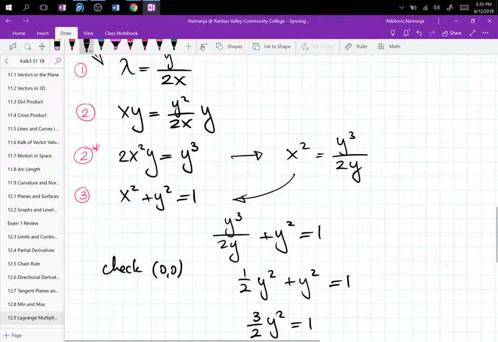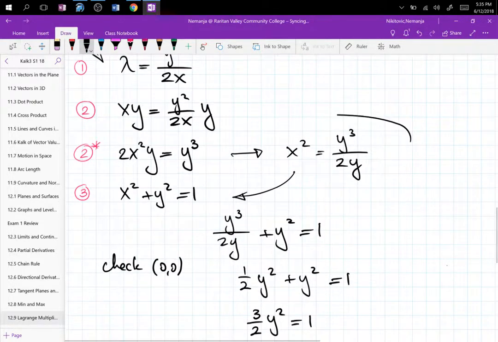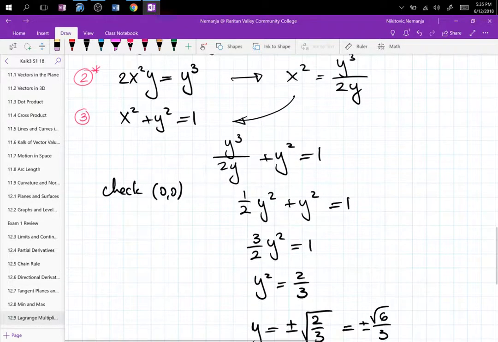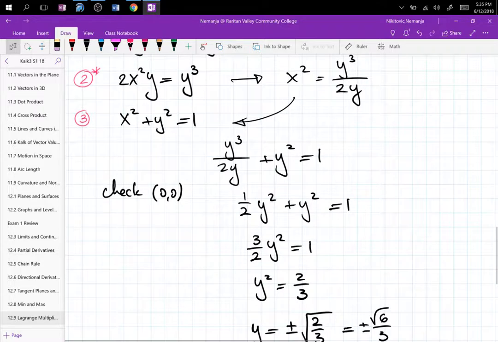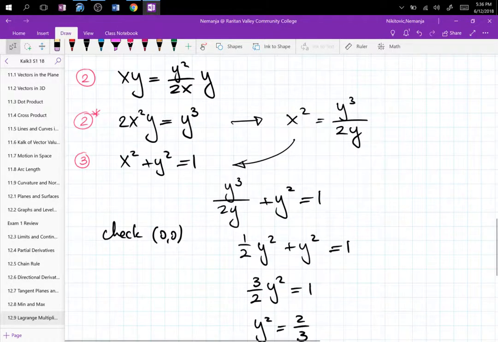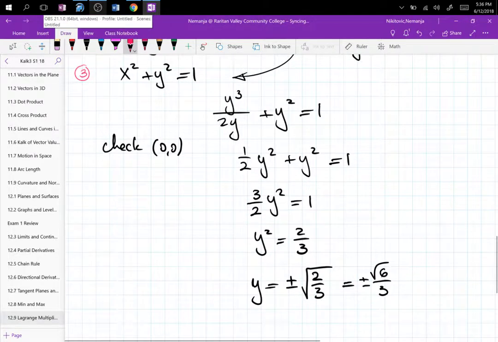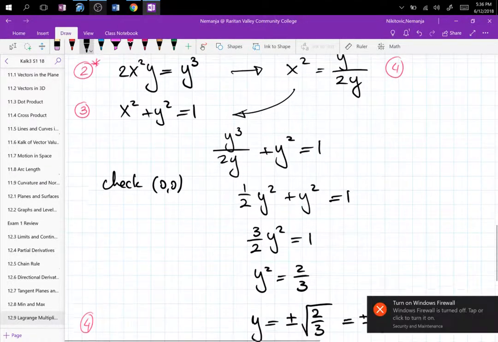I have an equation somewhere, there it is, which relates x and y. What should I call this equation? Let's call this equation 4. So equation 4 says that x squared is equal to y squared over 2.